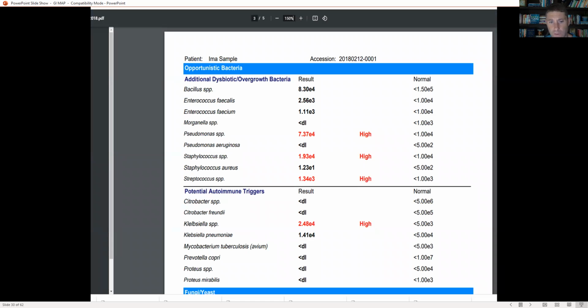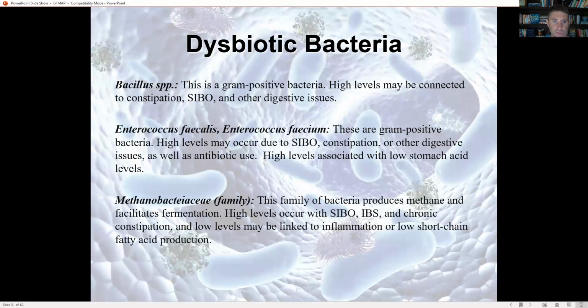Okay, so I look at that. If I see Streptococcus high like this, I start thinking, okay, maybe low stomach acid is one of the players here. Also the Morganella there, and I think this is an old sample test that I'm showing you, because there are some other ones. Let me see.